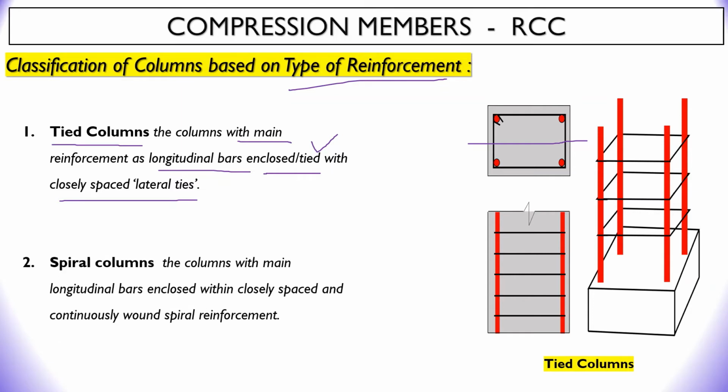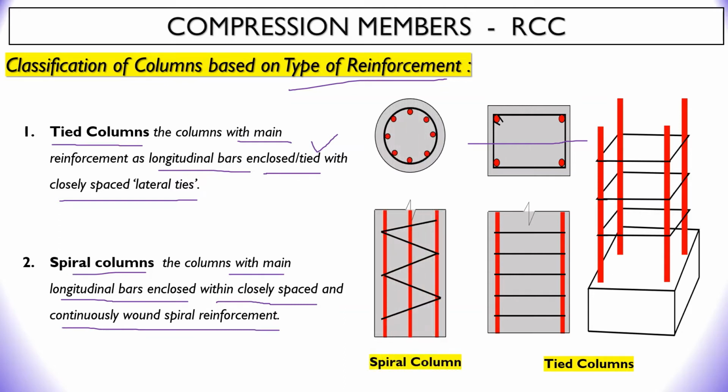Now another type of classification is the spiral type of column, the column having main longitudinal reinforcement bars enclosed within closely spaced and continuously bound spiral reinforcement. So here we can see the diagram. Now it is a circular type of column.